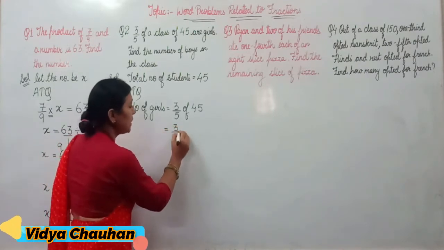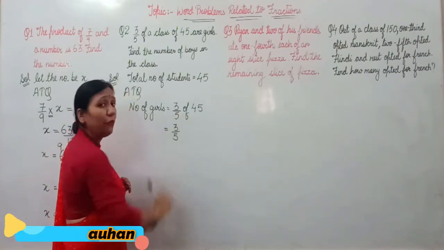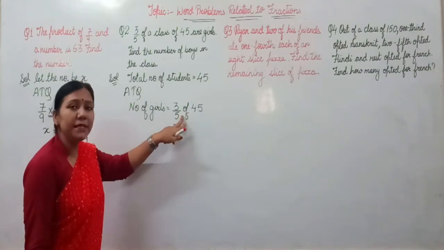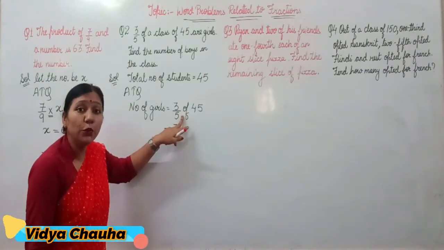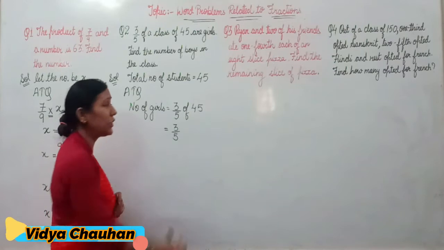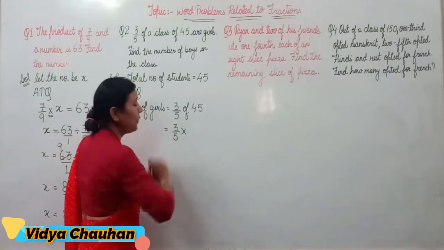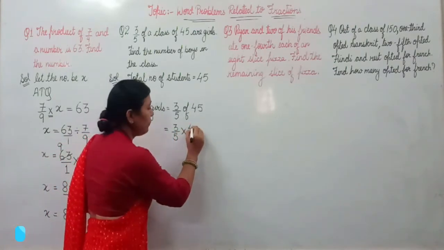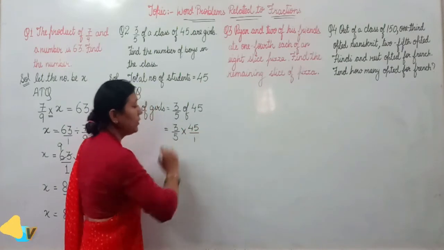Now let's solve this. 3 upon 5, and the word 'of' is replaced by the sign of multiplication. So it is multiplied, and 45 can be written as 45 upon 1.